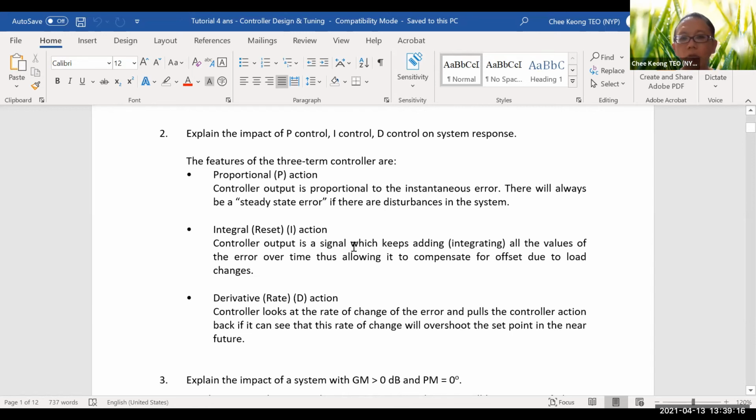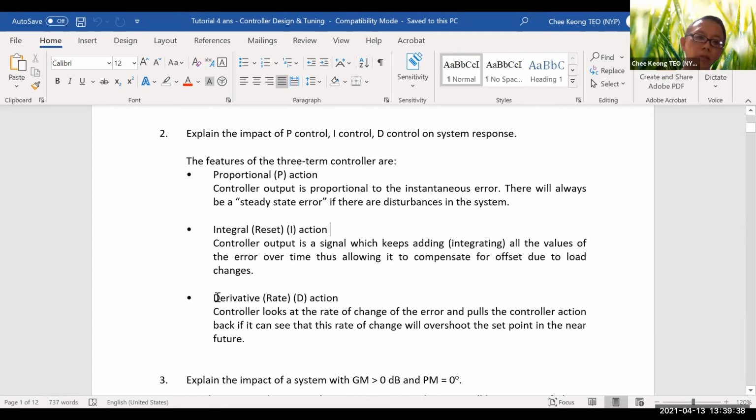When you insert the I controller in, it basically eliminates all your steady state errors, so there is no steady state error. But of course, because there is a Ki over S, this S will result in the denominator of your entire transfer function having an additional S, meaning that it will increase your order. And because of this increase in order, it will result in oscillation.